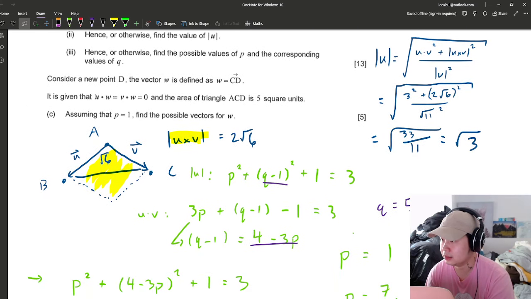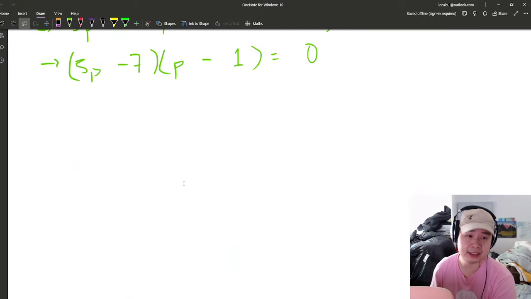Okay, so if you look at this, this is saying that W is perpendicular to both U and V, right? If your dot product is 0, it means that your two vectors are perpendicular. So here, let's draw this so that you can visualize it.